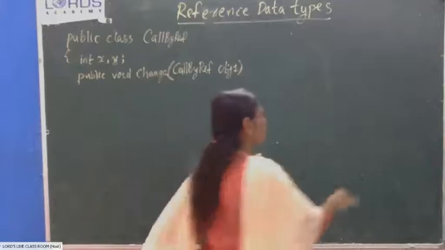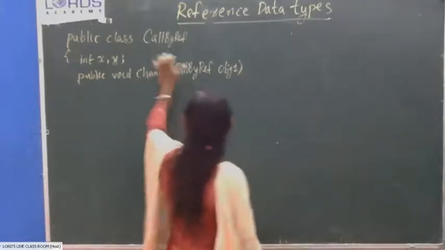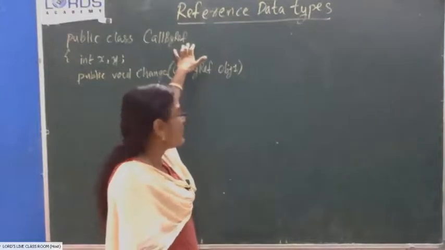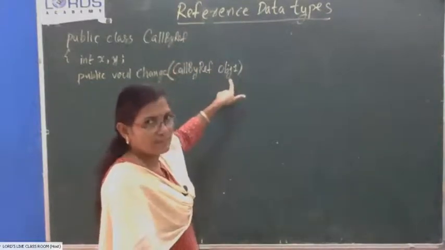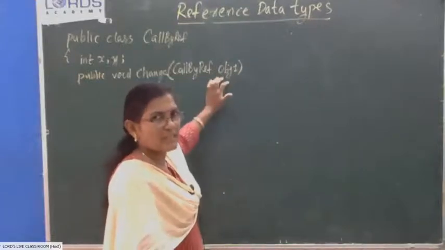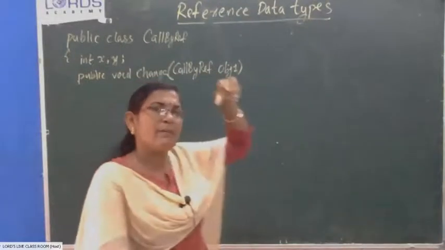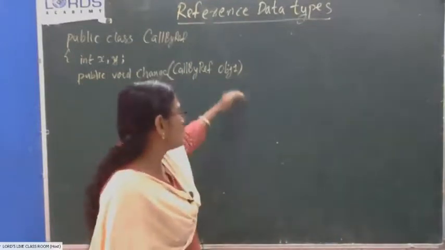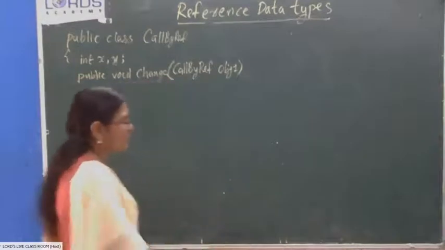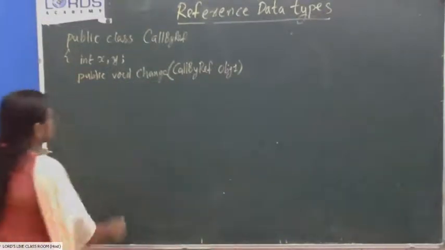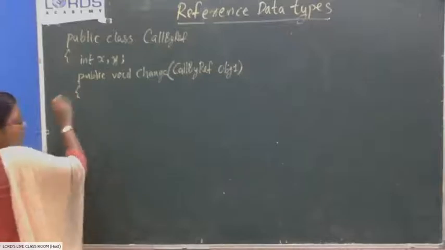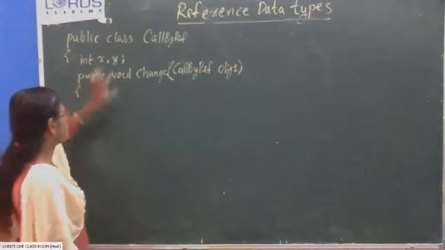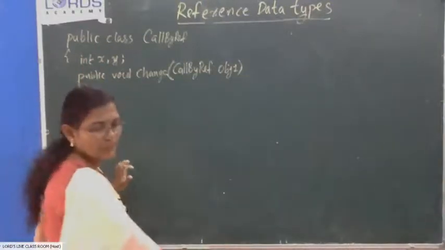In the memory I said I want to create an object of CallByReference type. When I create an object of CallByReference type, its address should be stored in obj1. This is only a pointer variable, not the real object. I want to give an object of this class to this function to make some changes. So imagine that the function received an object, and in the function we are making some changes in the values of variables x and y. Let me write the program after that.